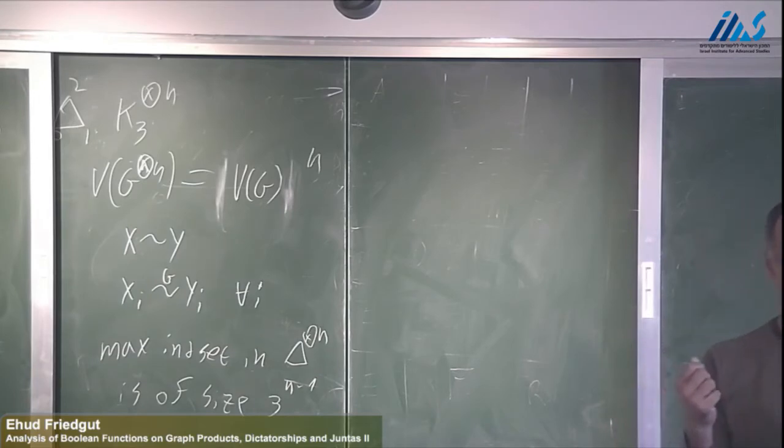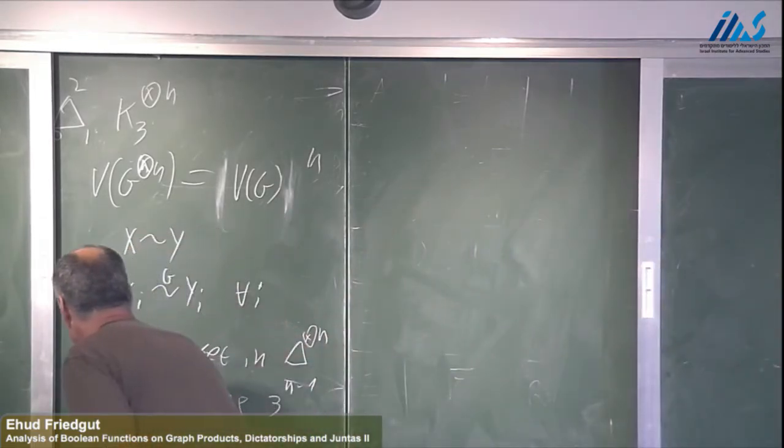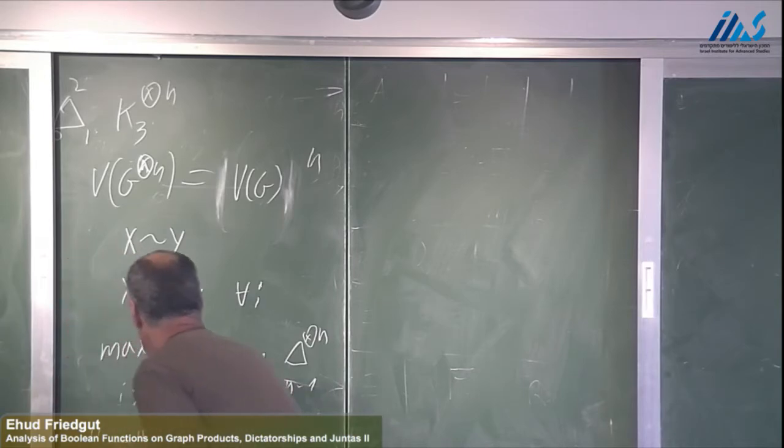You're not allowed to have two vertices with the same color with an edge in between. So no independent set captures more than a third of the vertices. And if you have equality, then I claim this is if and only if it's a dictatorship.